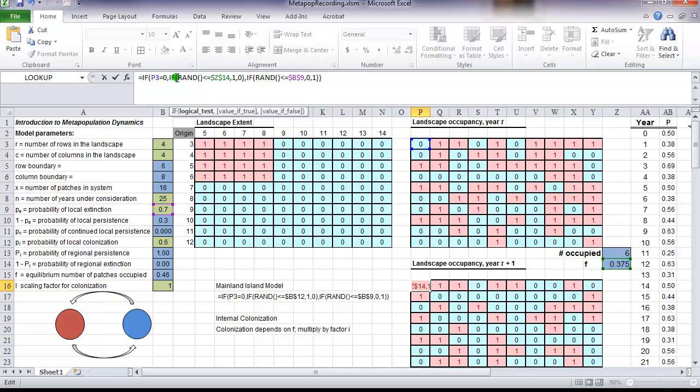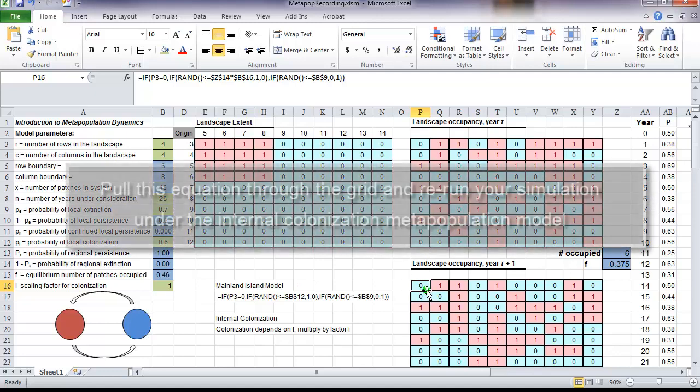Now we're asking if a random number is less than or equal to the fraction of patches, then we'll let the patch become colonized. And of course we wanted to multiply that by I, and that's stored in cell B16. So we'll anchor that. Now this is our generating equation, and this, in fact, is the internal colonization equation.